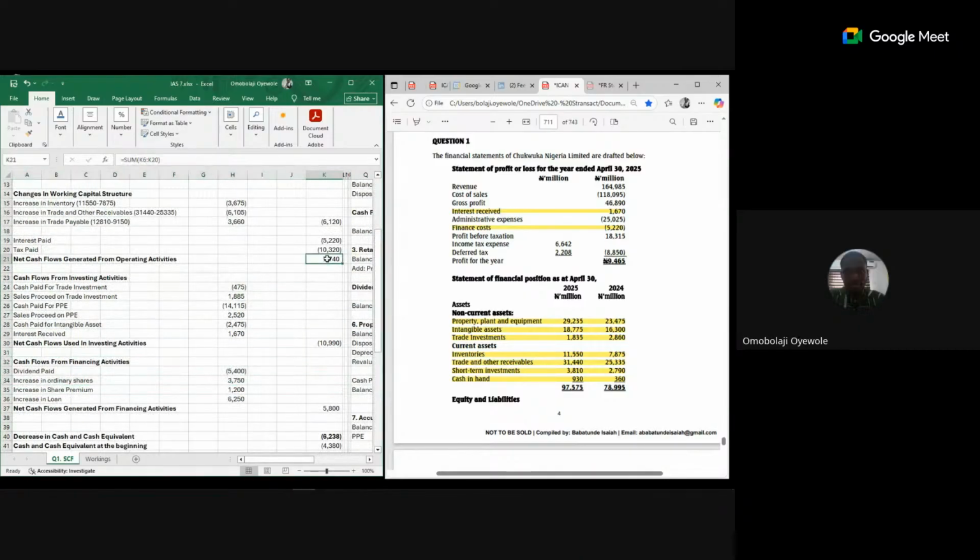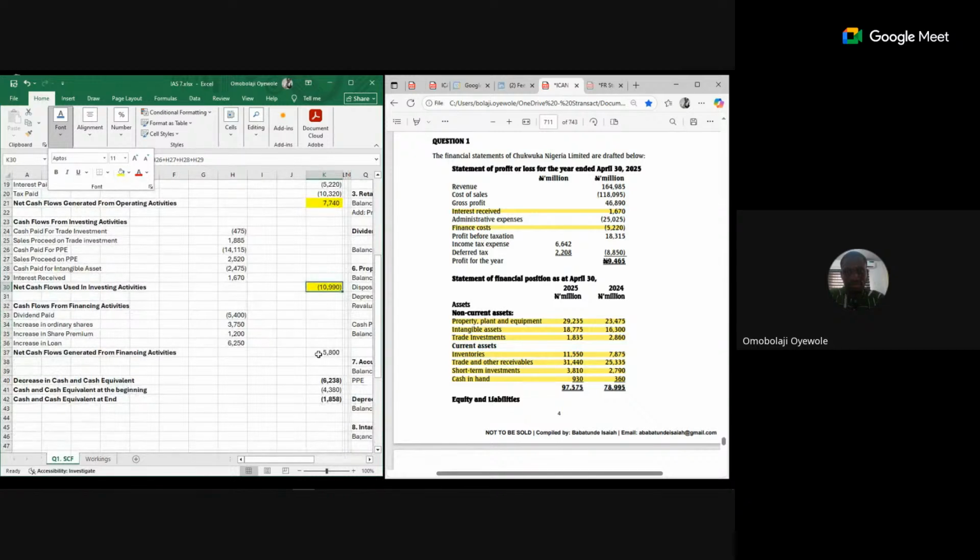So at the end of the day, let me use color for this figure. So look at it. 7,740 minus 10,990 plus 5,880.